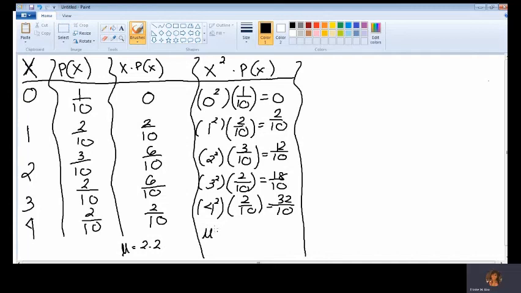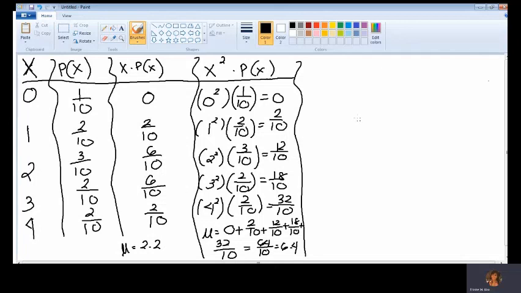So we're going to get the mean of this one. Again, the formula for it: we're just going to add all of these. So 0 plus 2 over 10 plus 12 over 10 plus 18 over 10 plus 32 over 10 will give us an answer of 64 over 10, which is equal to 6.4. So step number 4, subtract the square of the mean from the result obtained in step number 3 to get the variance.